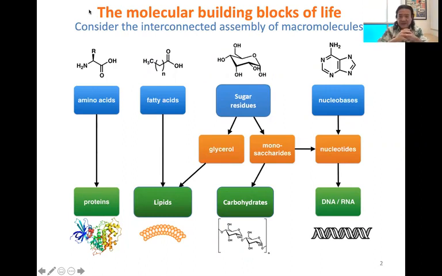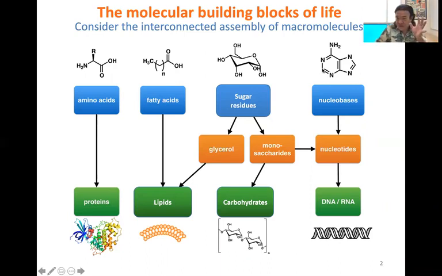In other cases, there isn't really a well-defined single small unit. It's more like a theme of, let's say, just having a whole bunch of carbons chained together. So that's how we've been learning about the four main macromolecule groups built up of these components.